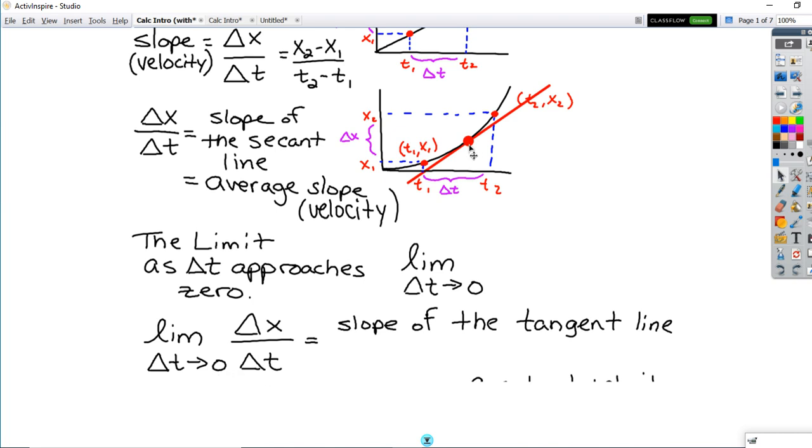So that is the process by which we take these 2 points and bring them closer and closer together. It's only when delta t actually gets to 0 that you find the slope at that one point, which is the slope of the tangent line.